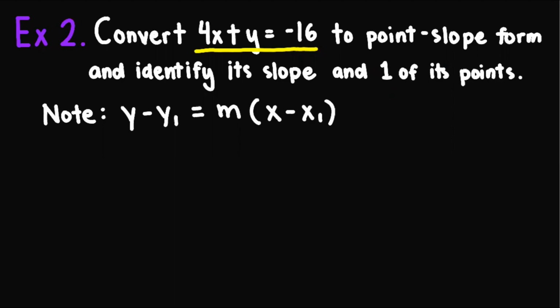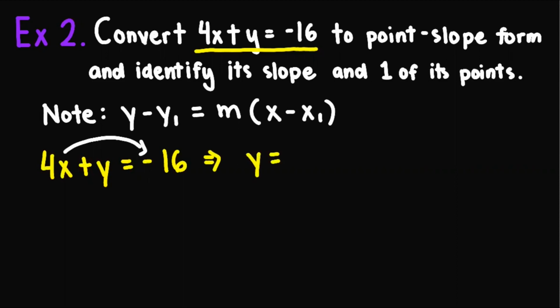So we have here 4x plus y equals -16. So first, as we can observe, the x variable must be on the right side, while the y variable must be on the left side. Given that, we know that we should move 4x to the right. So this will give us y equals -4x minus 16.